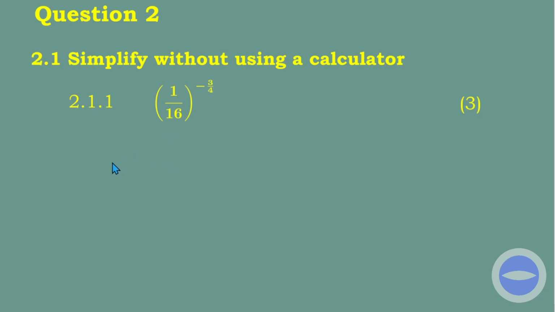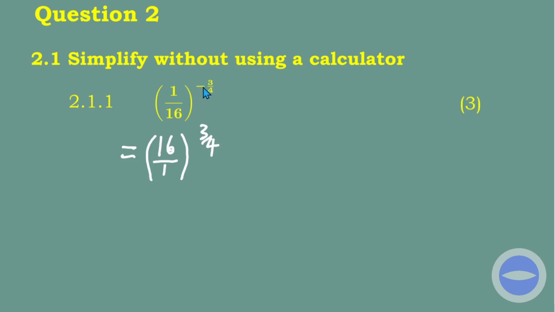So here, let me get my pen. If we want to remove the negative, we can say 16 over 1 to the exponent 3 over 4. Now we don't have a negative, and it is easier when you are working with exponents.